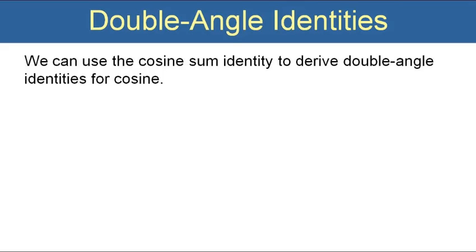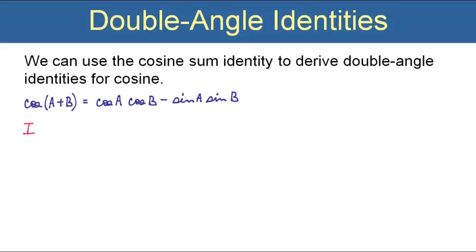We're going to use the sum identities to derive the double angle identity, so we'll start with the cosine. We already knew the identity for cosine of a plus b. Now if you imagine that A and B are the same angle, then we could just use A for both of them.